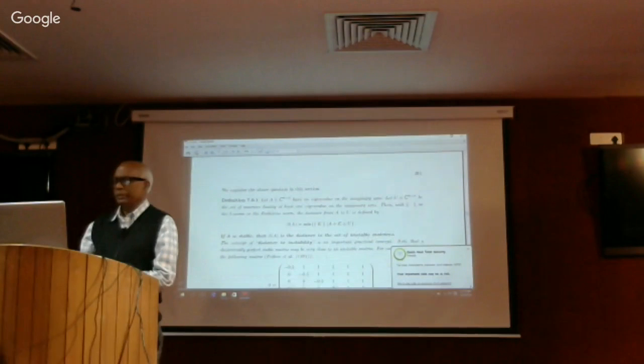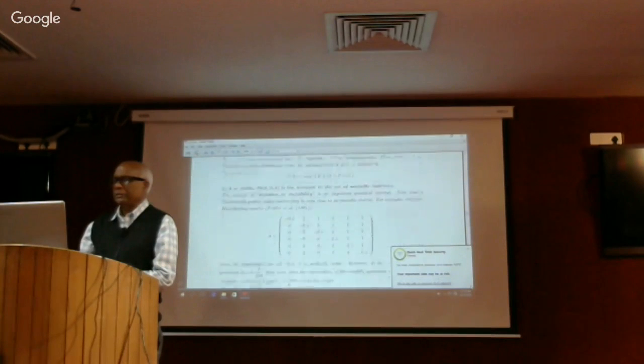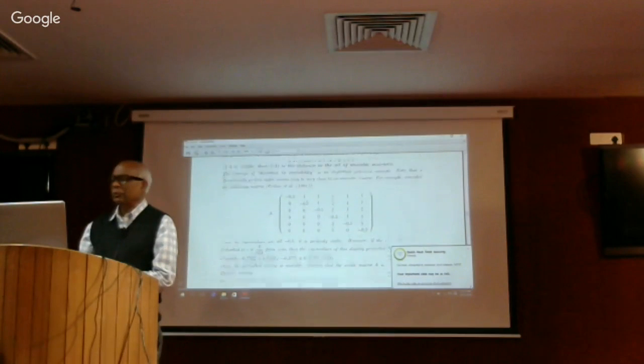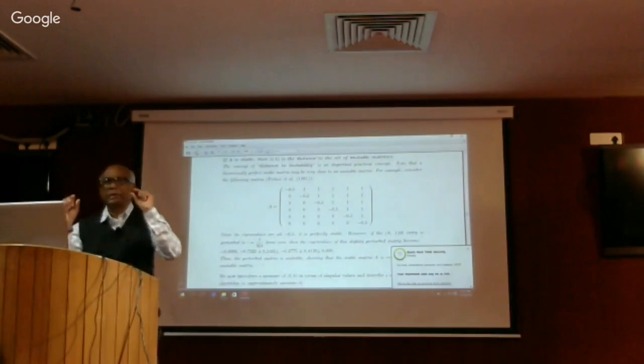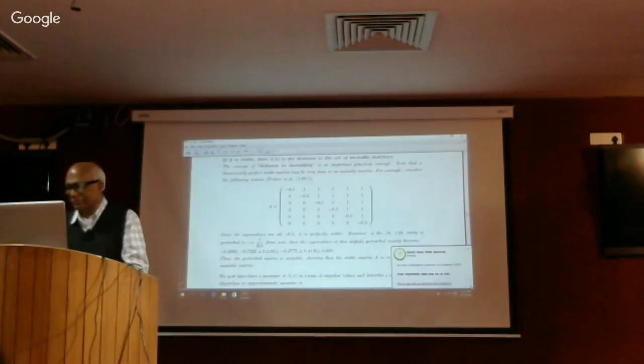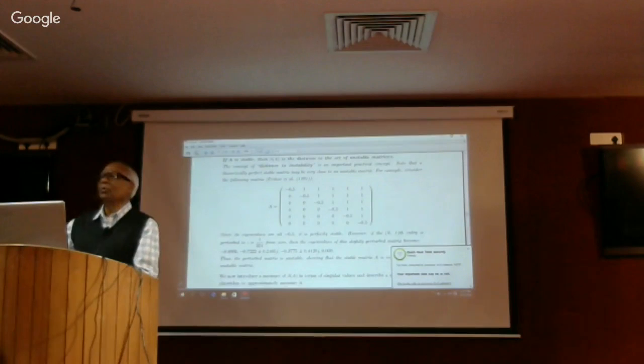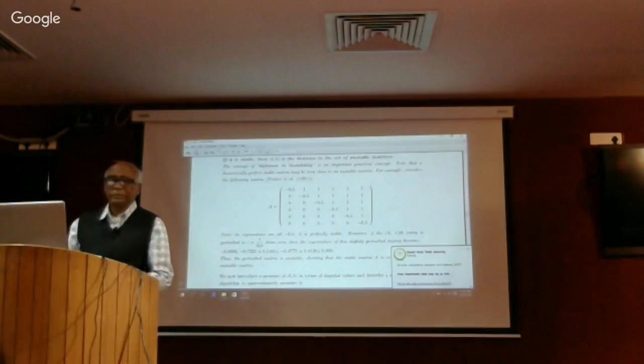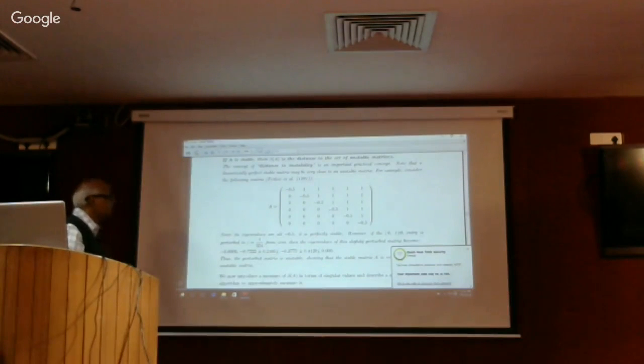Again, there's a simple example to show that a perfectly stable system can be very close to an unstable system. For example, this is a matrix A. It's a triangular matrix with diagonal entries all equal to minus 0.5. So it's perfectly stable. The eigenvalues are all minus 0.5.